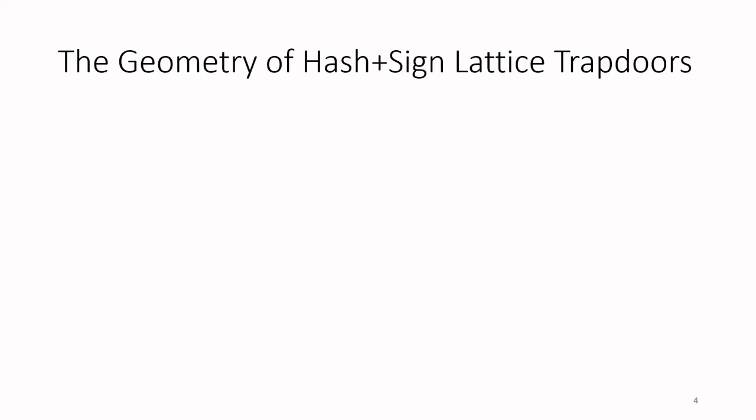Okay, so now I'm going to give some technical background. If we're thinking about a lattice scheme, we should always have a good picture in our mind. And the reason is because we're working with Euclidean space.